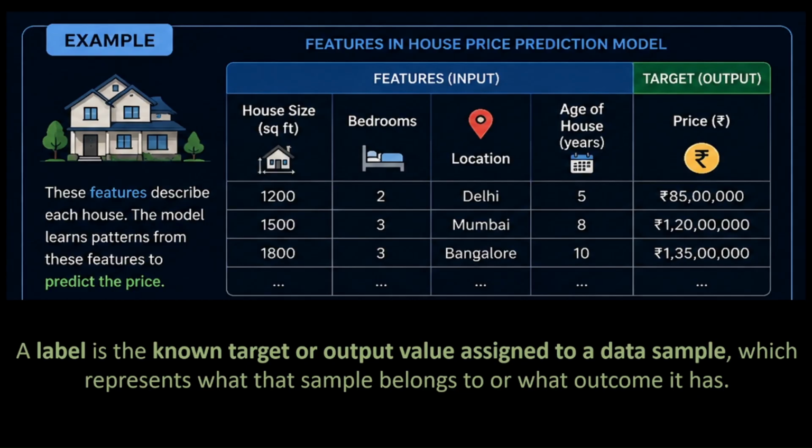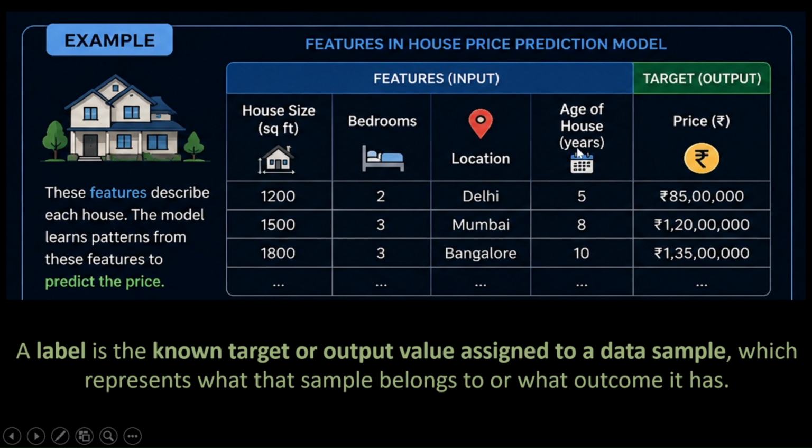So during training, the model sees features along with their known labels and learns the relationship between them. Later, when we give the model a new house, it will predict based on the features. Here, as features, we have given size, bedrooms, location, and the age of the house.